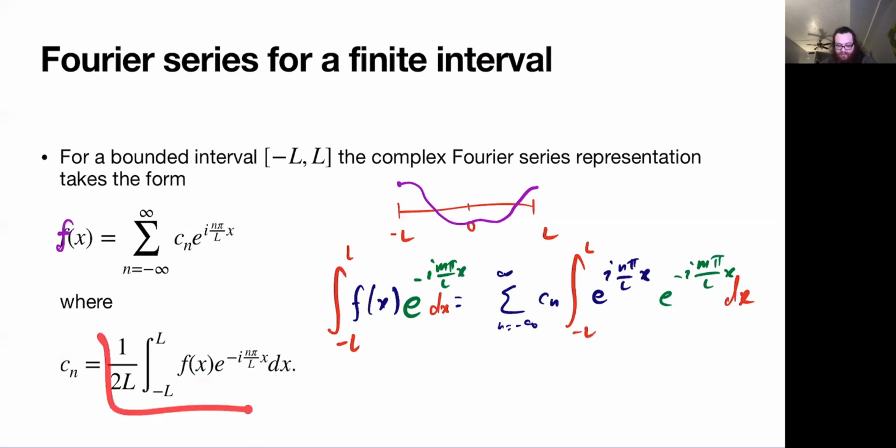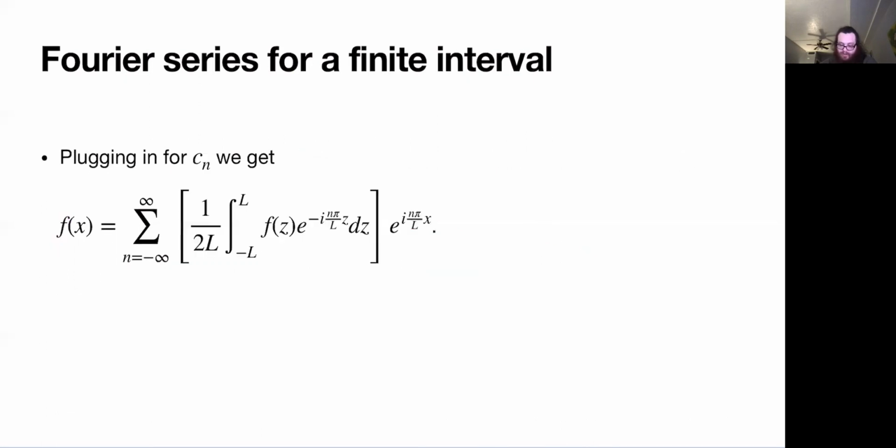So this whole thing is going to be a constant, but if we change this to any other dummy variable, all is well. So we're just changing the variable that we're integrating with respect to in here. Otherwise, this is more or less the same thing we had in the last slide.